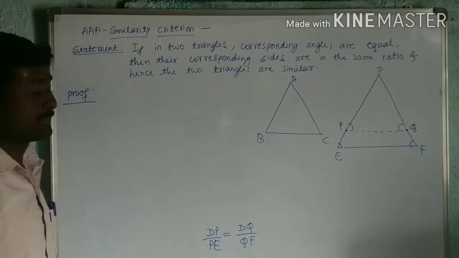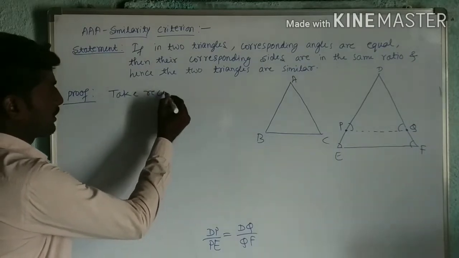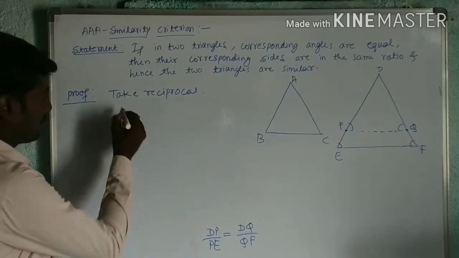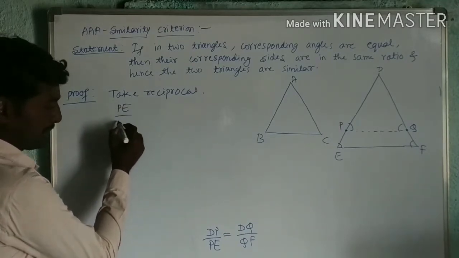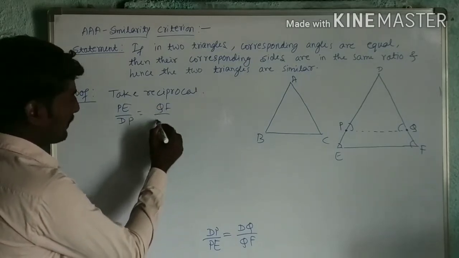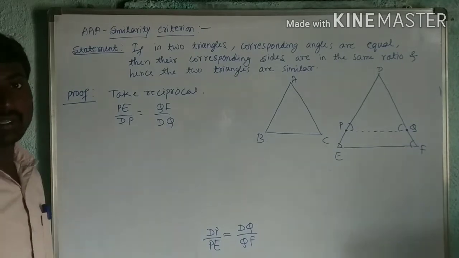Now let us take the reciprocal. That will become PE divided by DP is equal to QF divided by DQ. Next, we can add 1 on both sides.